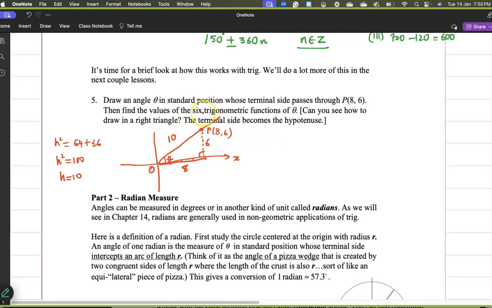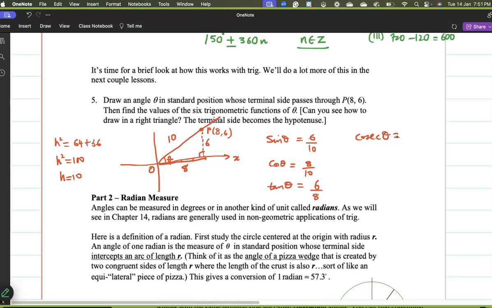So what are the 6 trigo ratios? What is your sine theta? Sine is 6 over 10. Cos is 8 over 10. Tan is 6 over 8. Cosec?